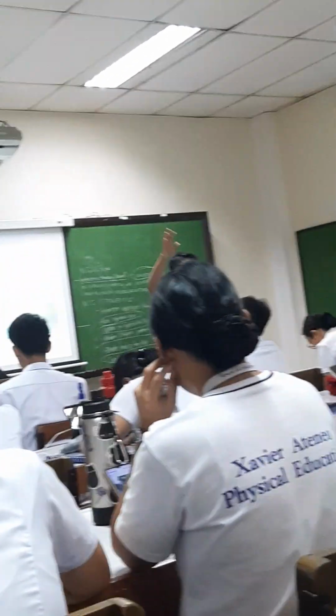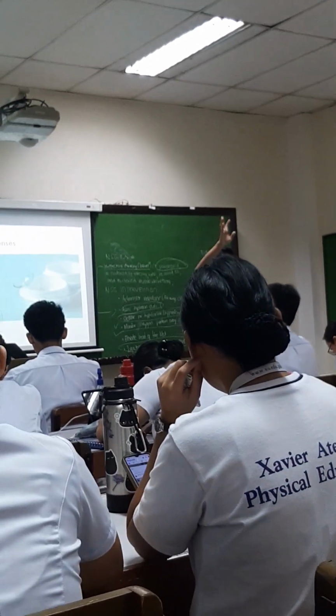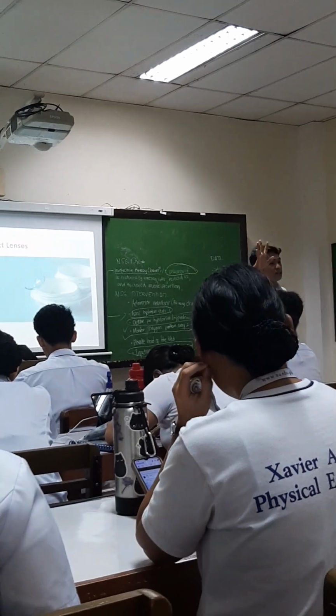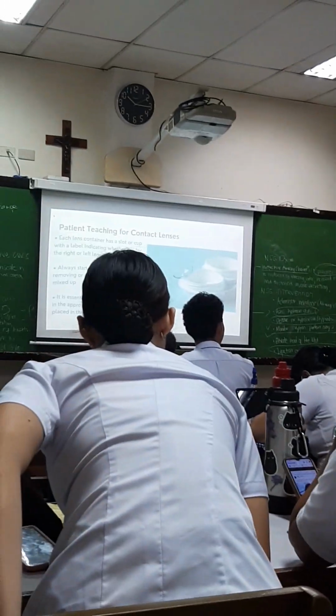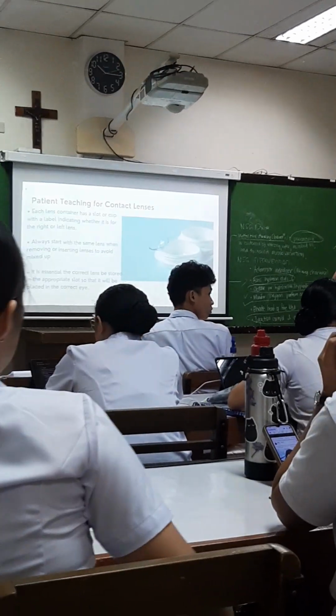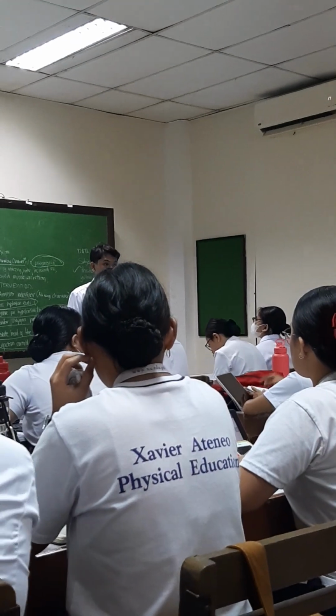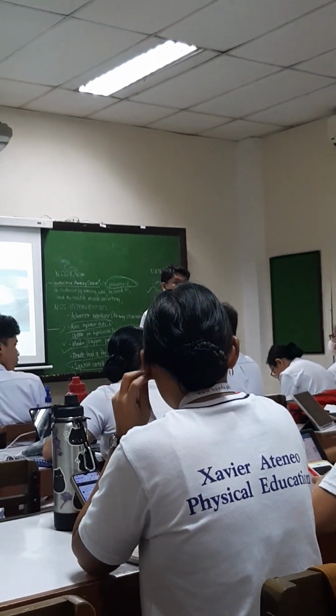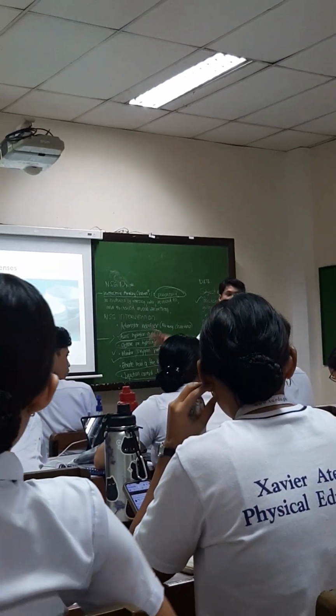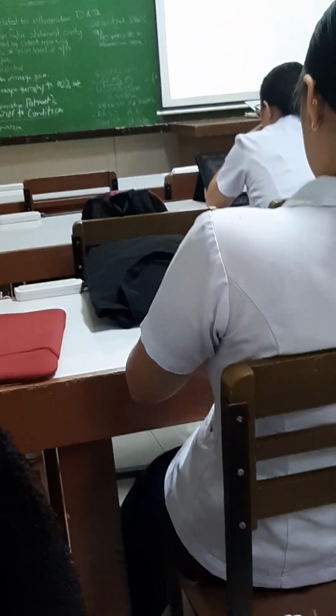Why is it necessary to remember which is the left and which is the right? To avoid contamination. As we explained at the start, we must treat our eyes differently.